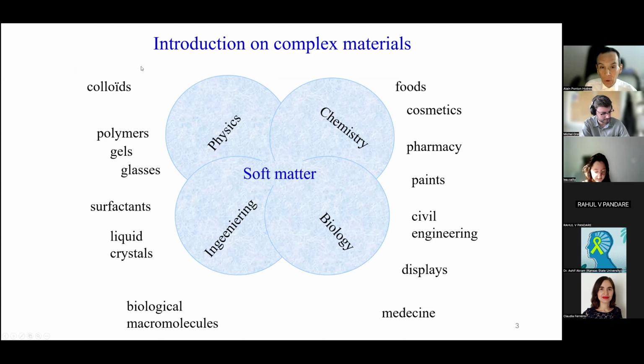We will see some common features of these materials, which have many applications in different industries. And here you have some examples of sectors in which these materials are used.